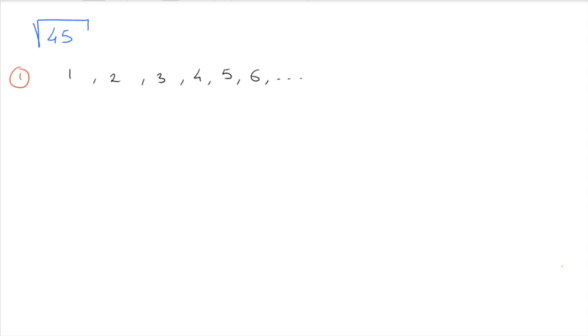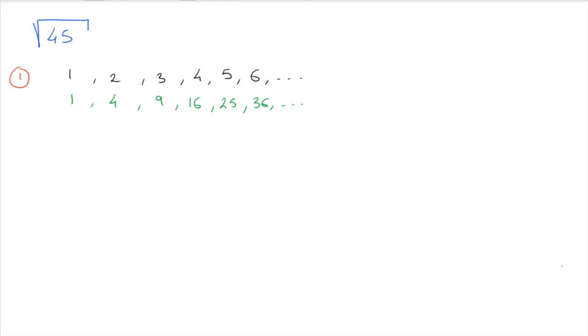And directly below that, we write the corresponding square numbers. So 1 squared is 1, 2 squared is 4, 3 squared is 9, 4 squared is 16, 5 squared is 25, 6 squared is 36, and so on.